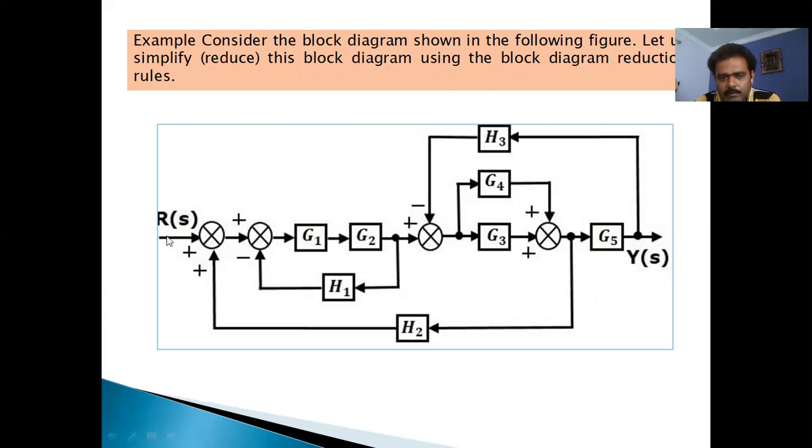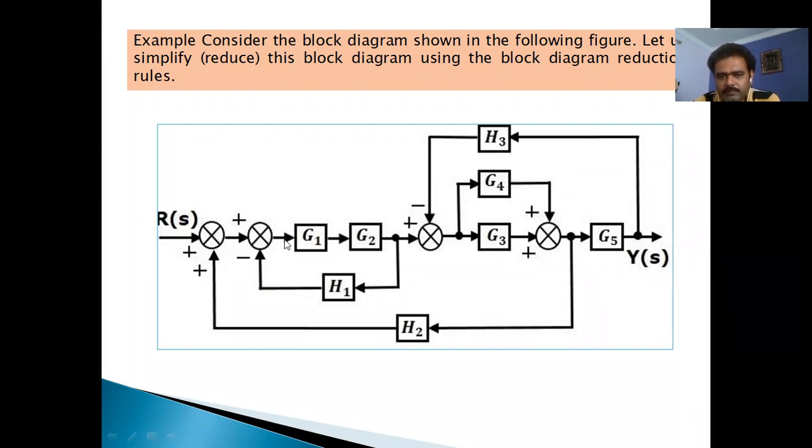This is called the forward path. R of S, that is the summing point, one more summing point, again G1 block, G2 block, one more summing point, one more takeoff point, G3, summing point, again takeoff point, G5, again takeoff point, final output is Y of S. We have to eliminate all these blocks into a single block.